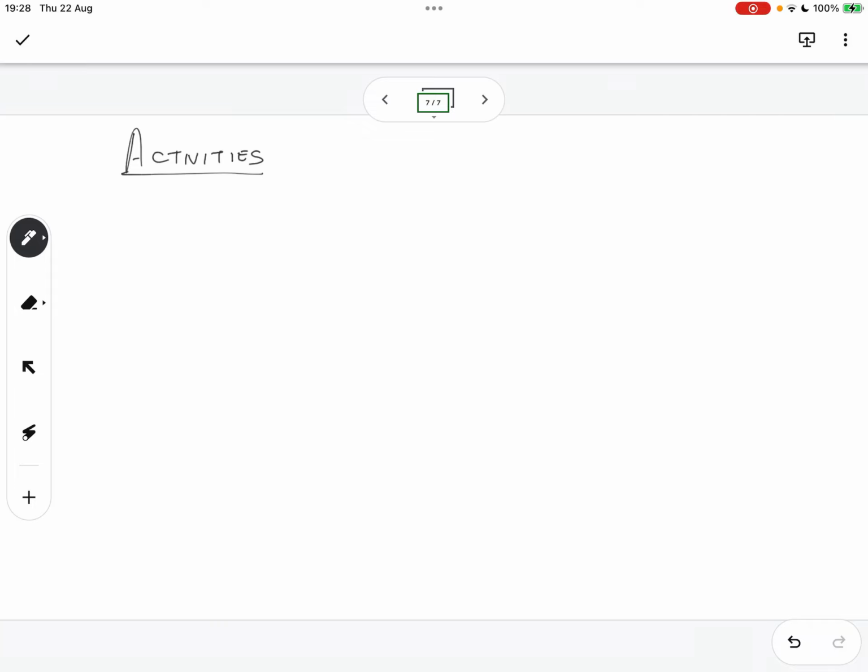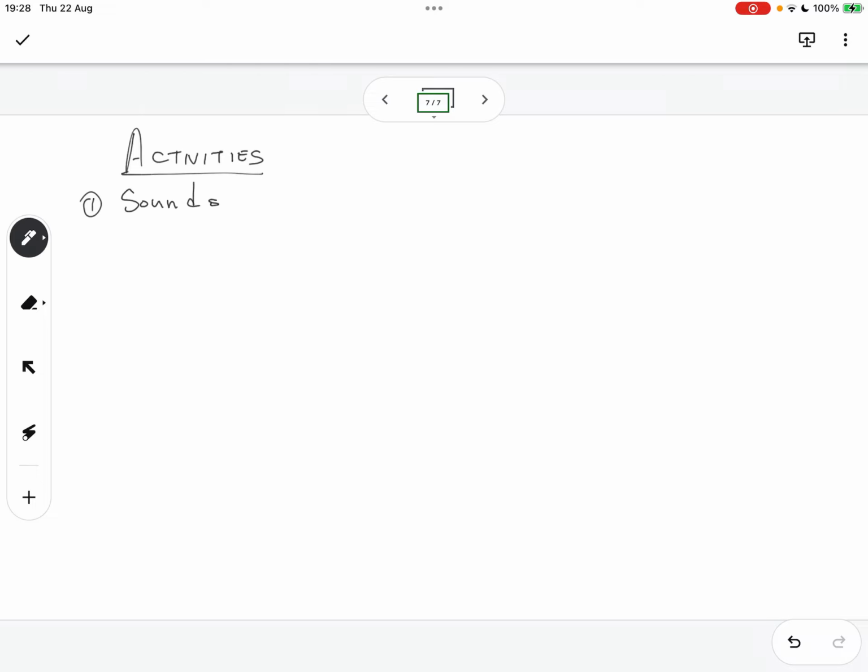Alright, so in our first activity, we've got a sound source that is approaching a stationary observer, and it's moving at a constant velocity. So this is a multiple choice type example.